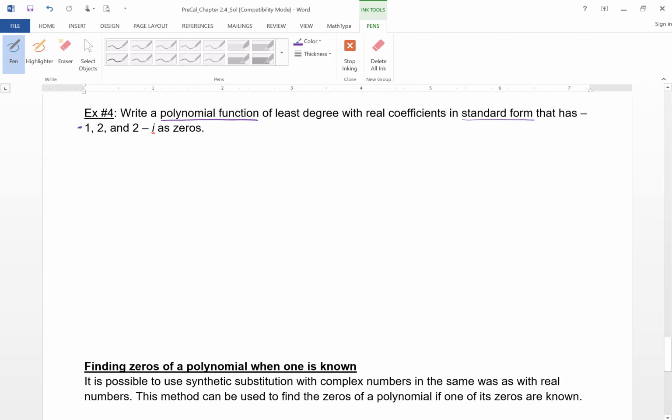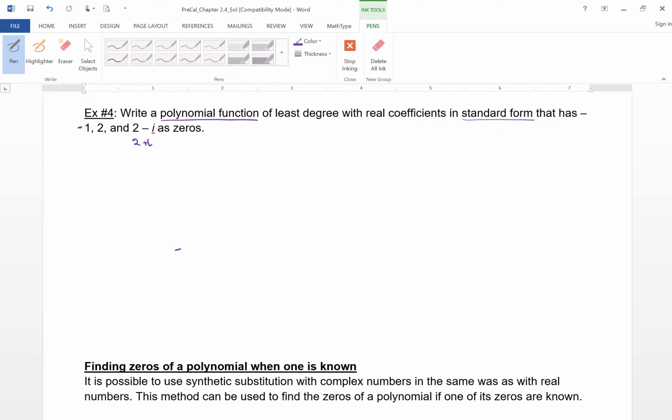Now, imaginary numbers always come in pairs. So, if you're given 2 minus i, then you yourself have to add the complex conjugate 2 plus i. You will never be given both of them in the pair. You're always going to be given one, and you need to know to add in the second one.